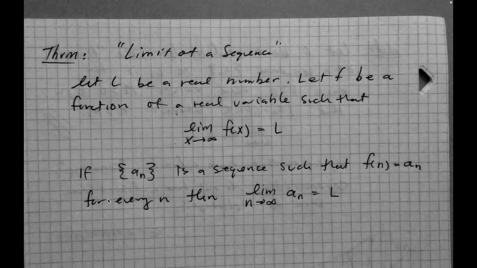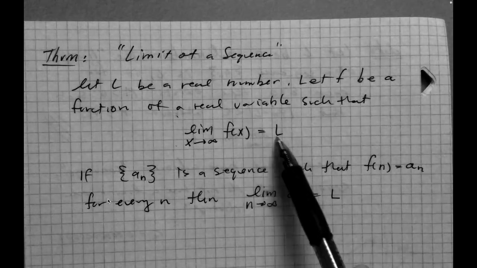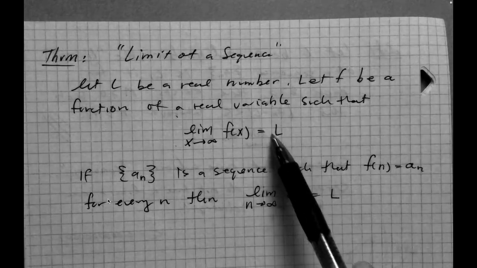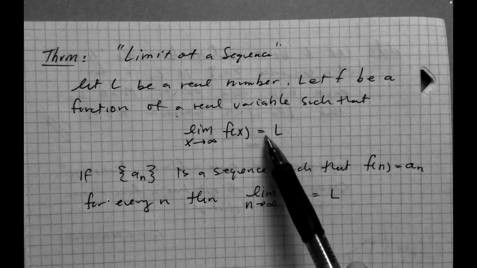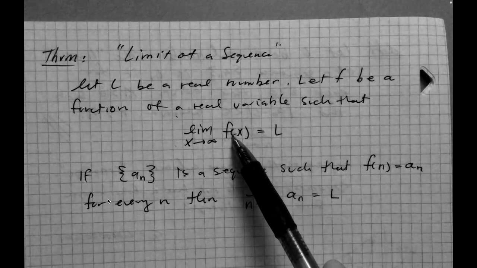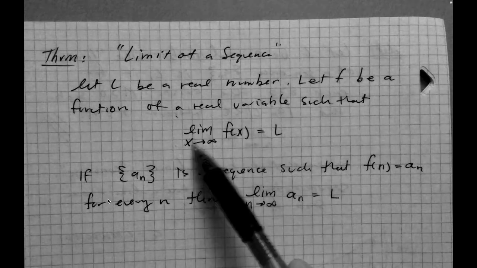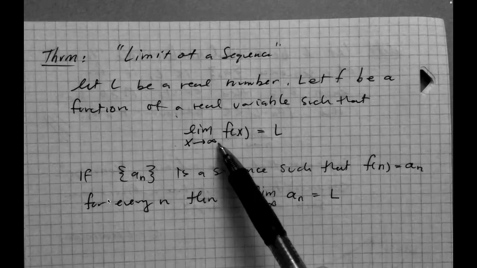But basically what this is saying is that if I have a function f, and it has a limit as x approaches infinity, then I can just evaluate f at all of the integer values. If this limit exists as x goes to infinity, f is going to be defined for all positive integers.